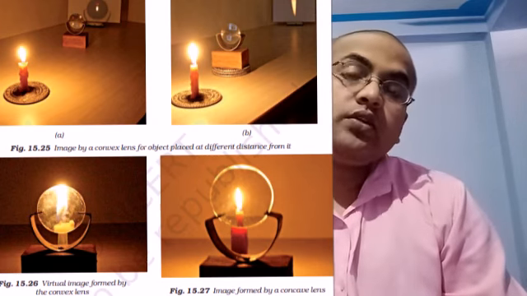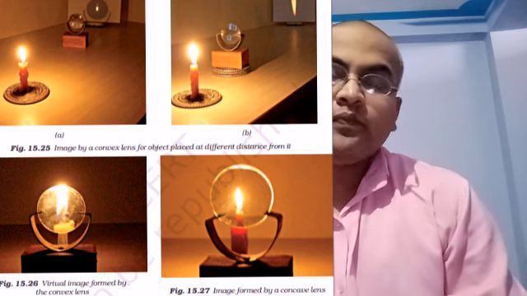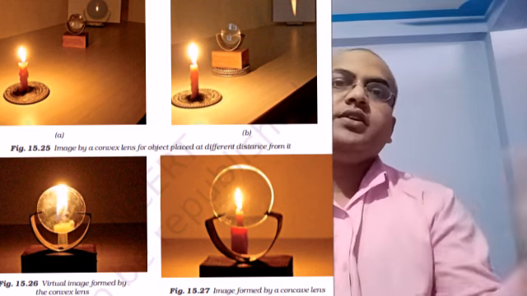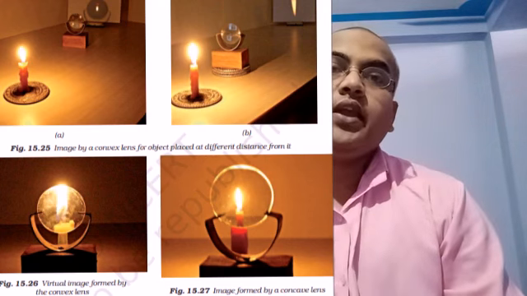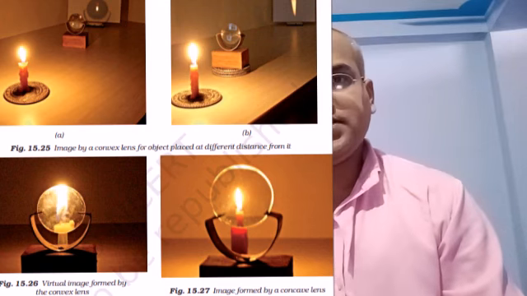So convex lenses are called converging lenses, and the concave lens always diverges the light in different directions, and that is why concave lenses are called diverging lenses.